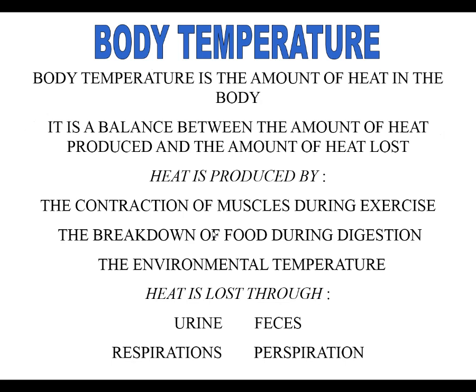Body temperature. So we're going to start with body temperature, and that is what temperature the body needs to keep all of the systems circulating appropriately. It's a balance between the amount of heat that we produce internally and the heat that is lost. So heat is produced or controlled by muscle exercise, by your blood circulation, by food, and then by the external environment.